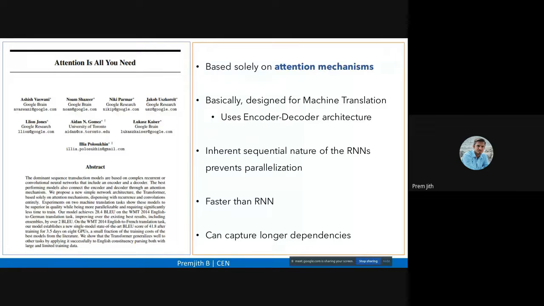Networks like RNNs and LSTMs have the sequential nature, and other deep neural networks, or feed forward networks, don't have any sequential nature. So the transformer network is actually designed using a set of feed forward networks. The attention mechanism is also designed using a feed forward neural network.